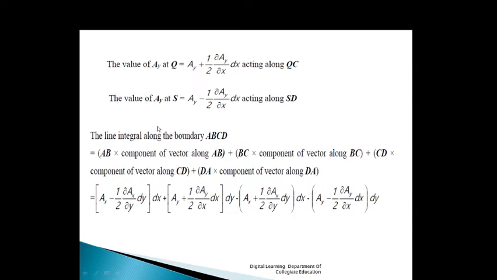The line integral along the boundary ABCD equals AB into the component of vector along AB, plus BC into the component of vector along BC, plus CD into the component along CD, plus DA into the component of vector along DA, equal to Ax minus half ∂Ax/∂y dy dx.